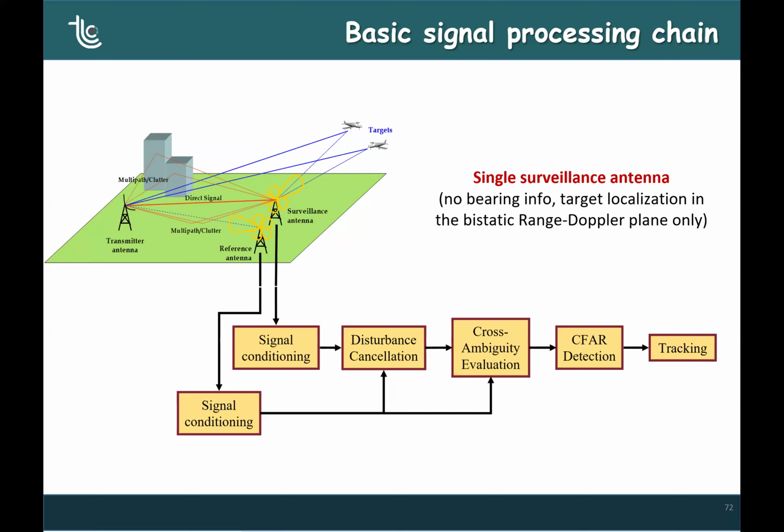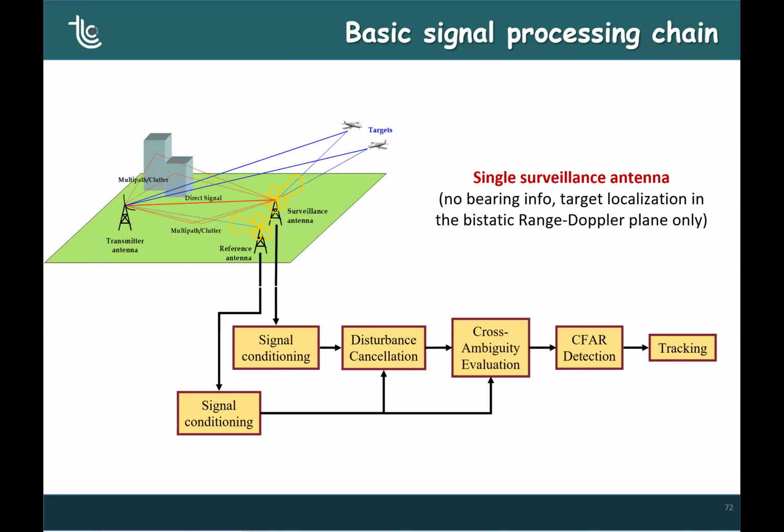Now, today we will look in more detail into the signal processing algorithms in the different blocks of the passive radars. The main blocks of the passive radars are sketched in this slide.